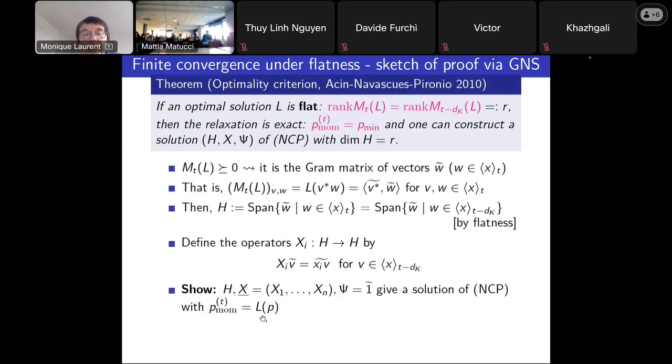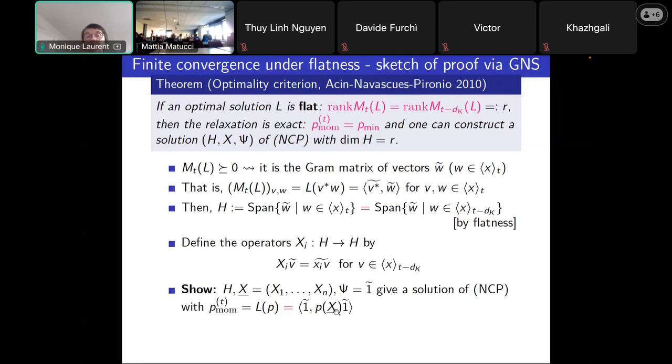By construction, L of P is equal to the moment bound because L was chosen to be an optimal solution to the relaxation. So this equality is by construction. But L of P is defined to have this form.